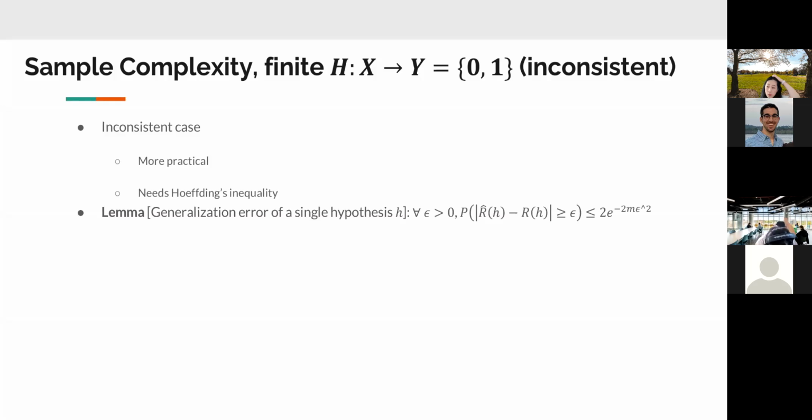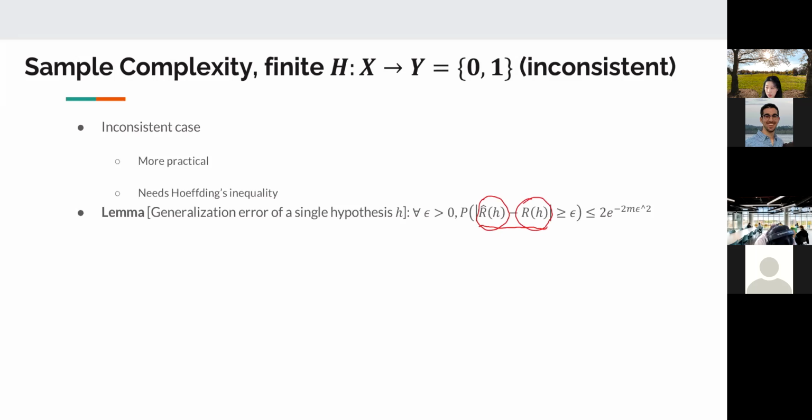Before we give you the theorem, we have to look at this lemma here. This lemma is the generalization error of a single hypothesis h. If you have a single hypothesis h, then for any epsilon greater than 0, which is the precision of how bad your generalization gap is, you can see this is the generalization gap. This is the empirical error, and this is the true error or the generalization error.